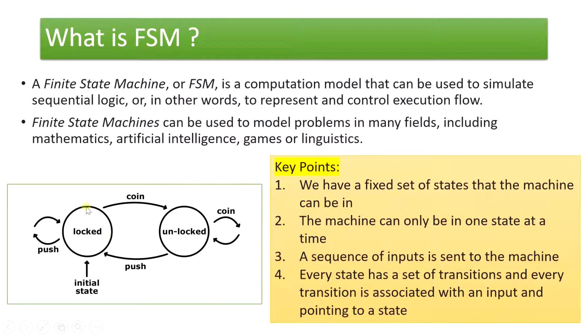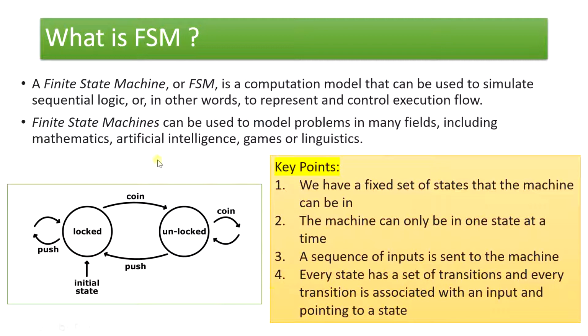So here you can see in this particular state diagram, the two states are locked and unlocked. This is basically an FSM which describes one of the examples where you can see in foreign countries where you have the gate opening and closing in your railway stations when you want to enter or leave the station.